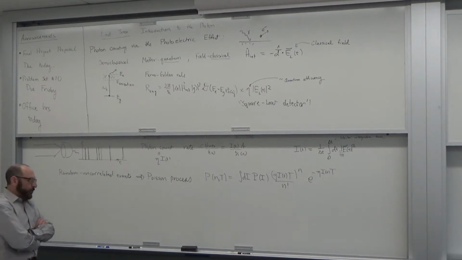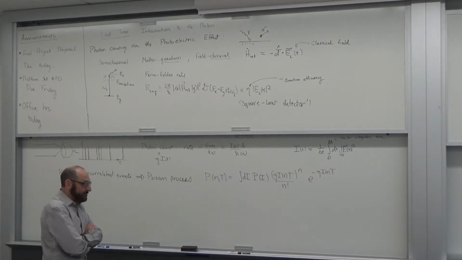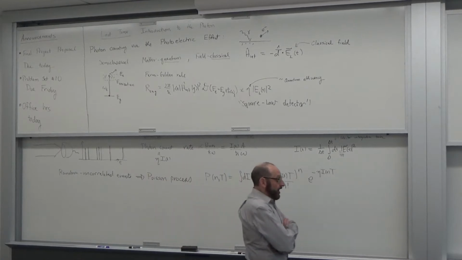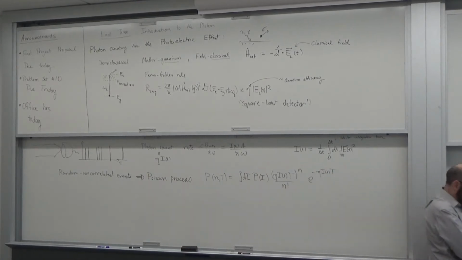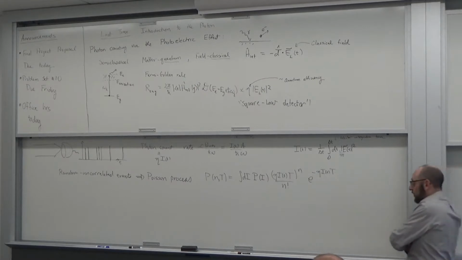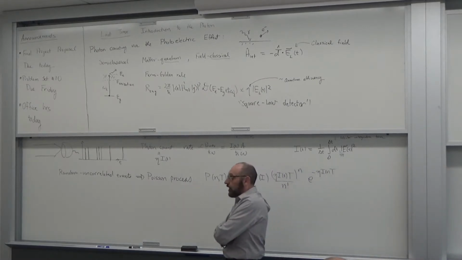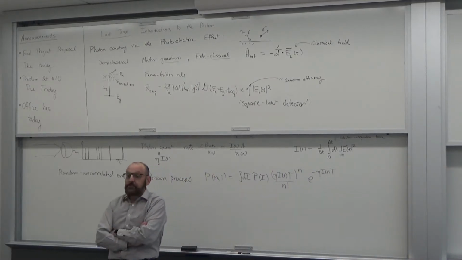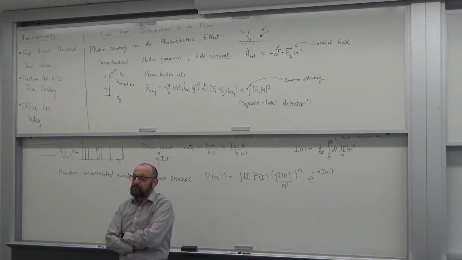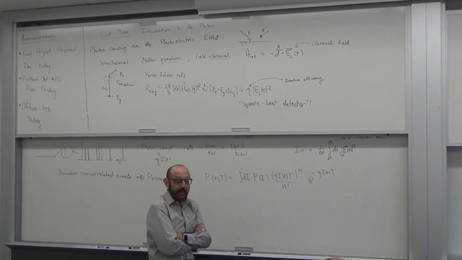Last lecture we were basically having an introduction to the whole idea of a photon, and the heart of quantum optics: understanding the distinctions between what we call classical light and non-classical light.